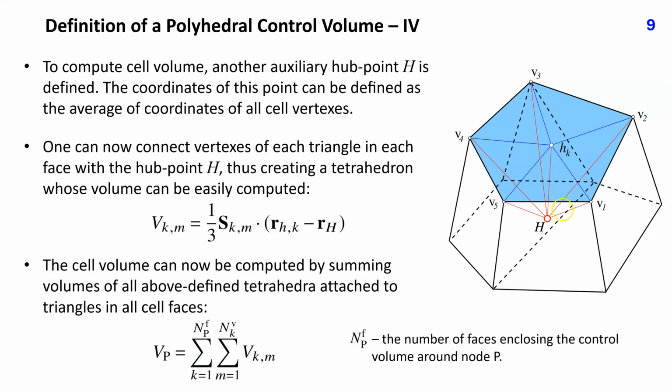One can now connect vertices of each triangle in each face with the hub point H, thus creating a tetrahedron whose volume can be easily computed as 1/3 of the scalar product of two vectors: the surface vector of the triangle in the cell face and the vector connecting the hub H with the cell hub H. The cell volume can now be computed by summing volumes of all above defined tetrahedra attached to triangles in all cell faces. Here, NPF is the number of faces enclosing the control volume around node P, and NKV is the number of triangles in face K.